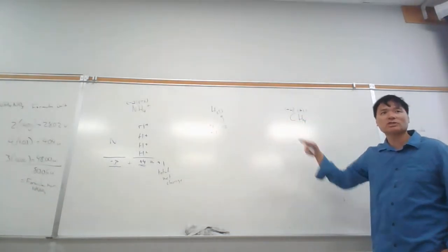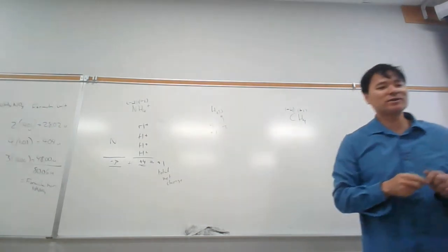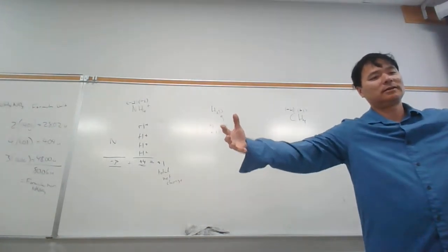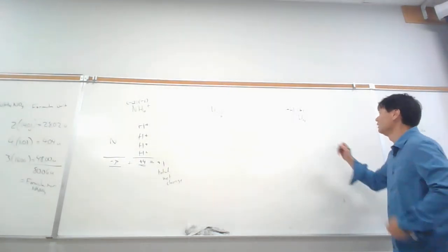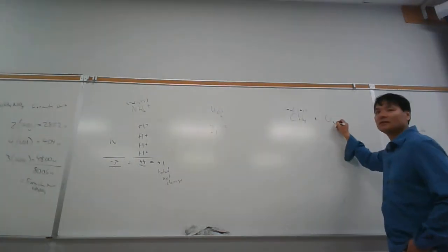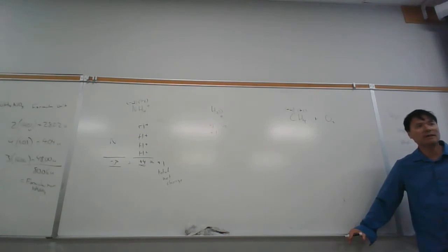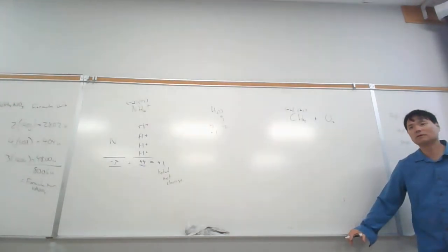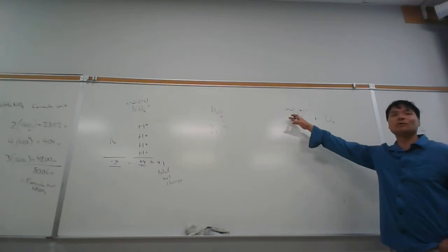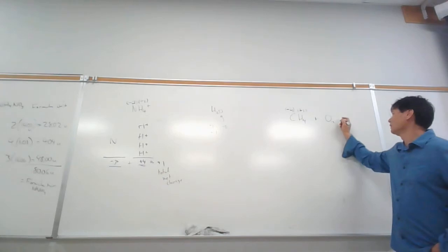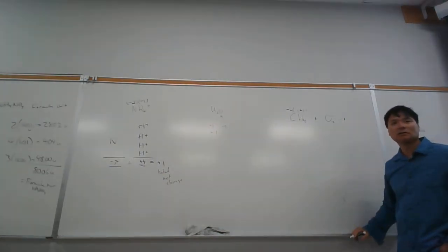Is that carbon rich? That carbon's got 4 extra gold coins. It's very rich. Well, somebody can come along and take those. Oxygen. Oxygen wants how many? 2. So oxygen comes along and sees carbon has this excess of gold coins. And so there's going to be a reaction here.